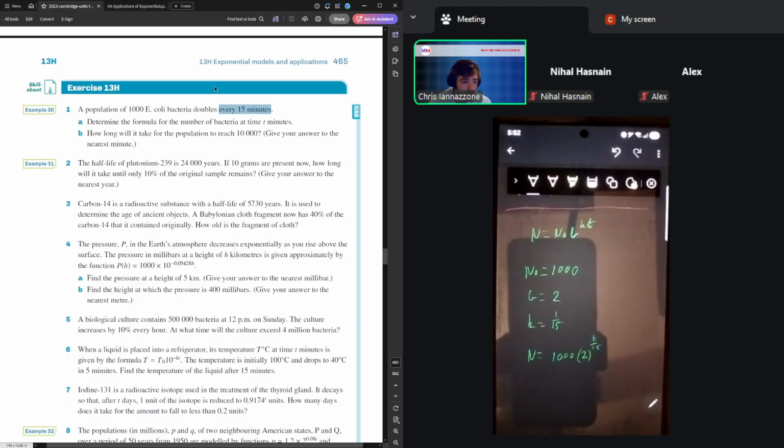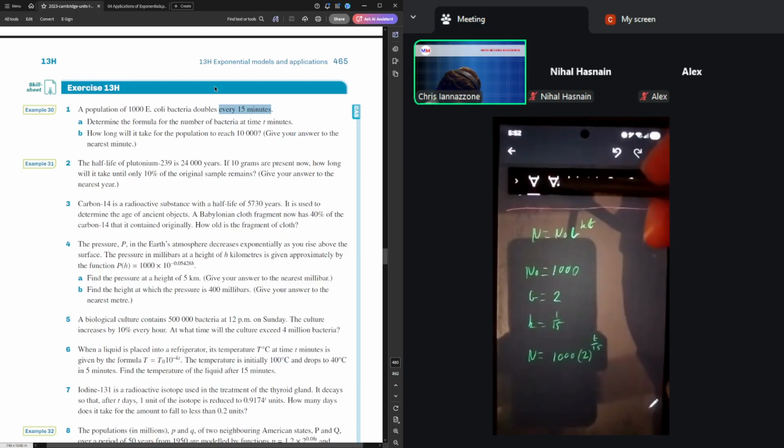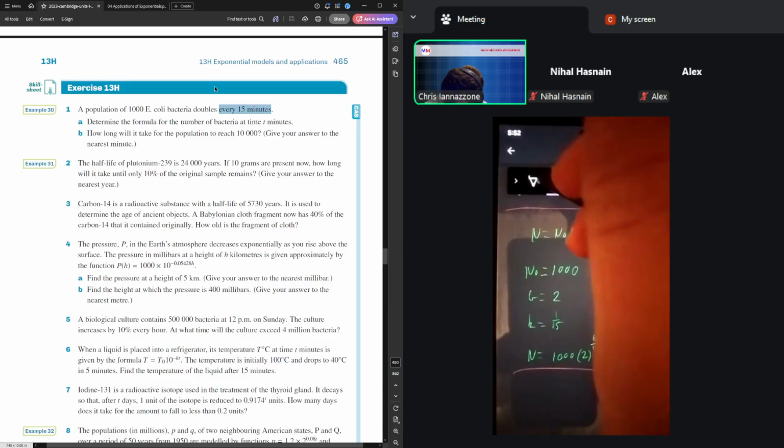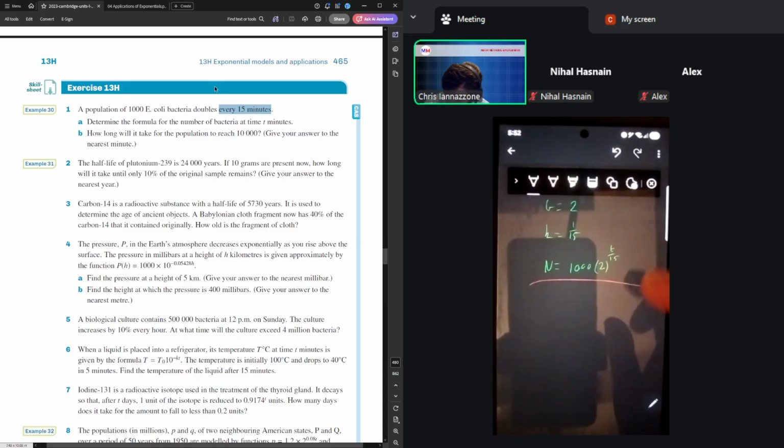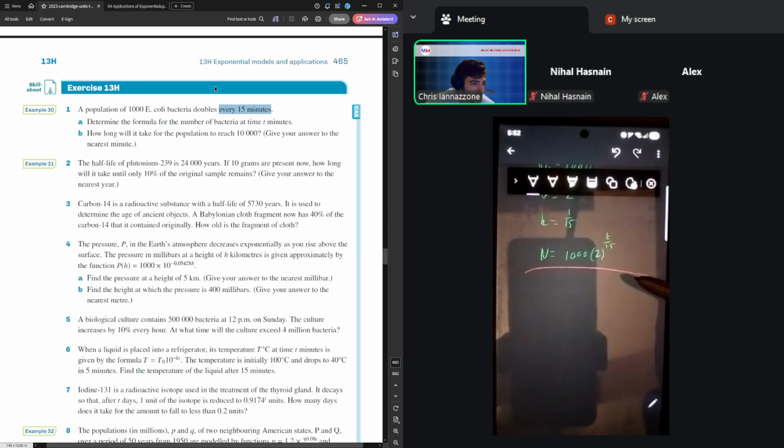So for that reason, we're just going to make use of the fact that we can choose whatever base we want. I'm going to stick with the base of 2, because what you'll see is that when you choose a base of 2, your k value ends up being something a little bit interesting. From there, 10 grams are present now.